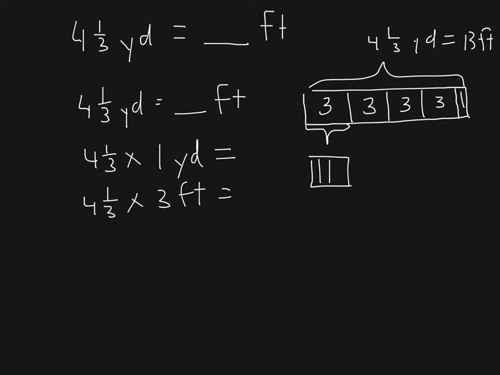And then for the purposes of multiplying, I'm going to turn my mixed number into an improper fraction. I can look over here at my tape diagram to help me remember that I have 3/3, 6/3, 9/3, 12/3, plus one more is 13/3.